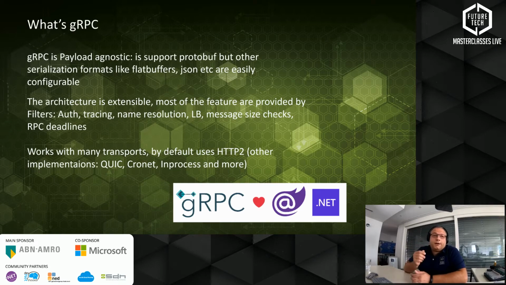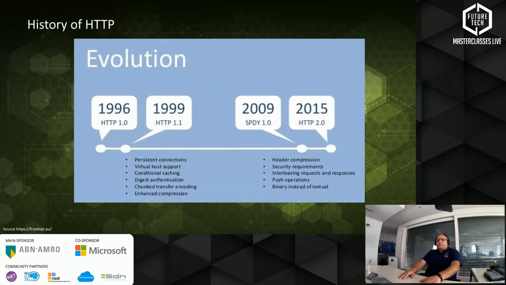You can plug in a communication framework. It works with many transports, but by default it uses HTTP2. And to be honest, even though it's possible to change the serialization and the transport, for me the real match and the real game changer is gRPC used with the HTTP2 transport and the protocol buffer serialization. We will talk about this in this speech.